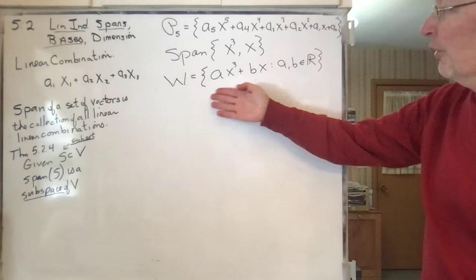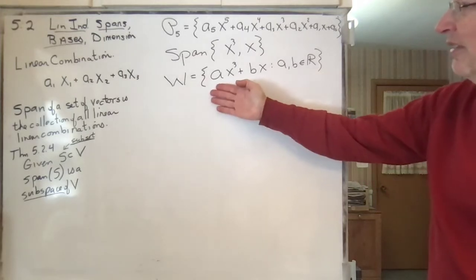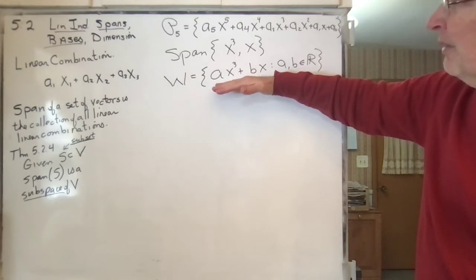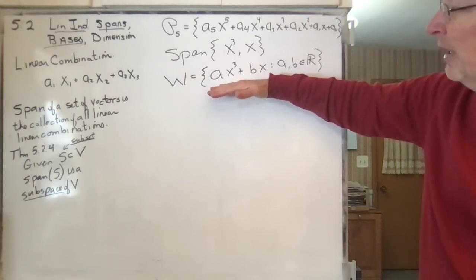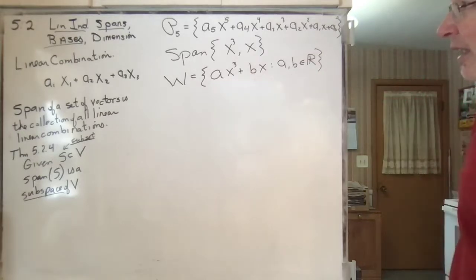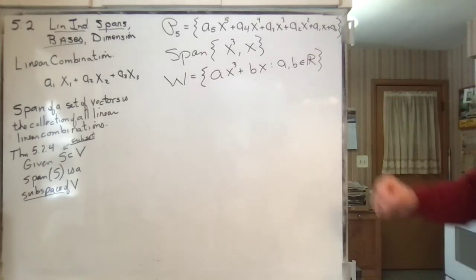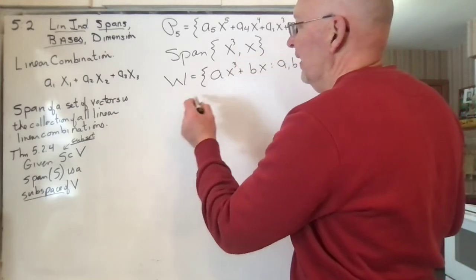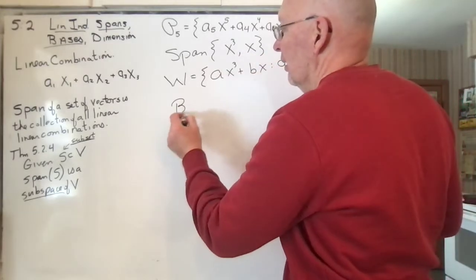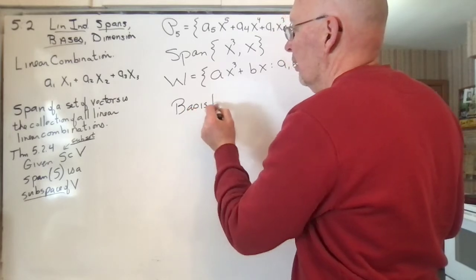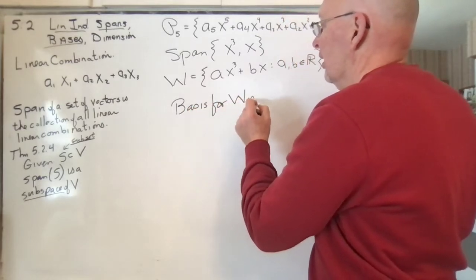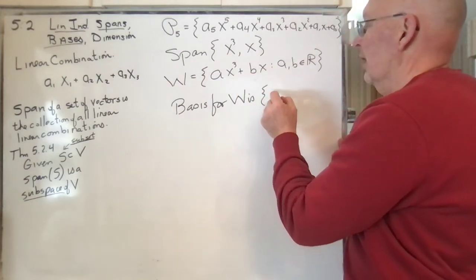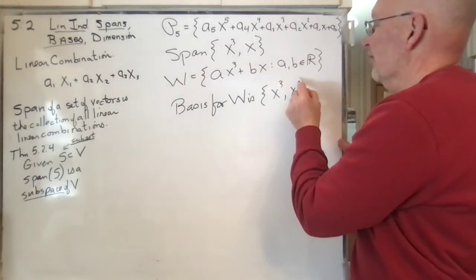Okay? So do you agree that that's a subspace? It's a subspace because if I take two of those things and add them together, I'm going to get something else like that. If I multiply it by a constant, I'm going to get something else like that. So sure enough, that's a subspace. And a basis for this then is x cubed and x.